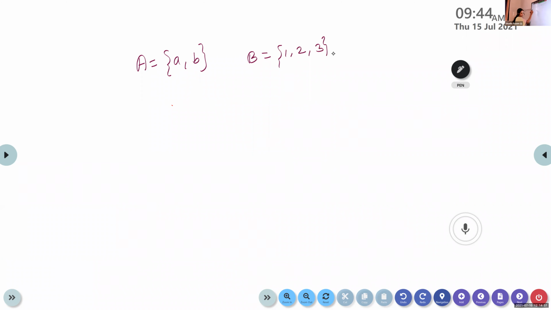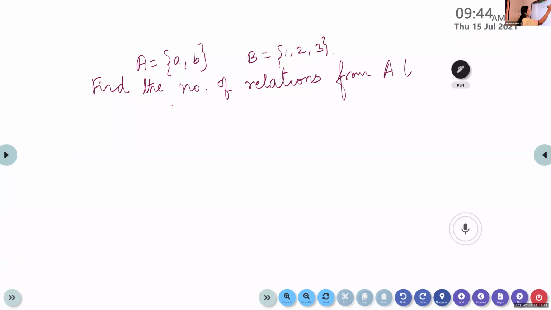Find the number of relations from A to B. How many relations are there?